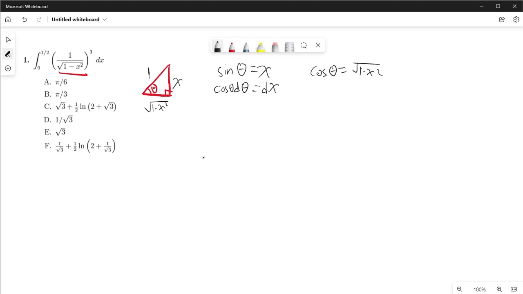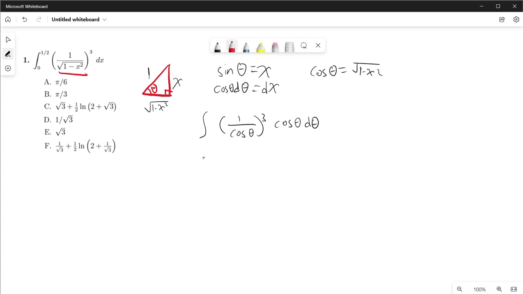So in this case, I can just sub that in for cosine theta for the square root part, and dx for the d theta part, and rewrite. I'm just not going to write the limits of integration now. I can sub x back in and still use those. So this would be 1 over cosine theta cubed times cosine theta d theta.